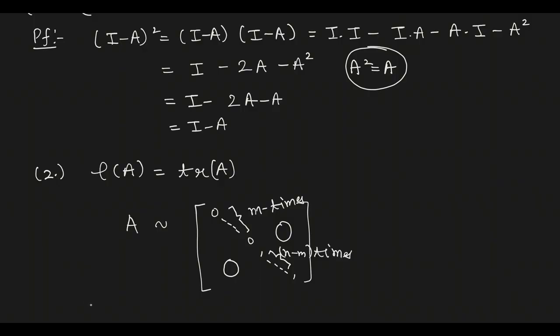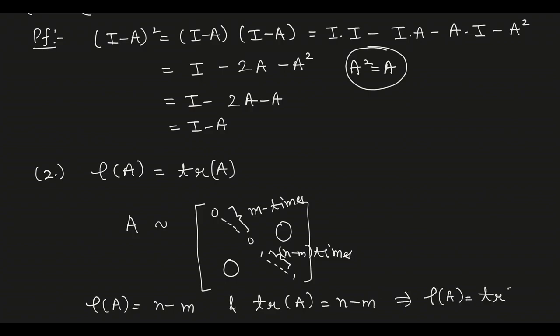So what will be the rank of A? The number of non-zero rows. There are n minus m non-zero rows, and the trace is also n minus m. This implies rank of A is equal to trace of A.